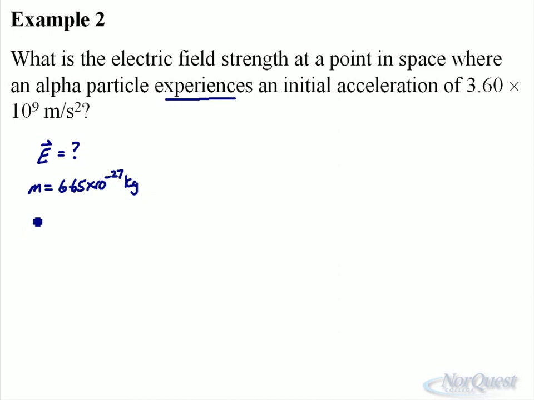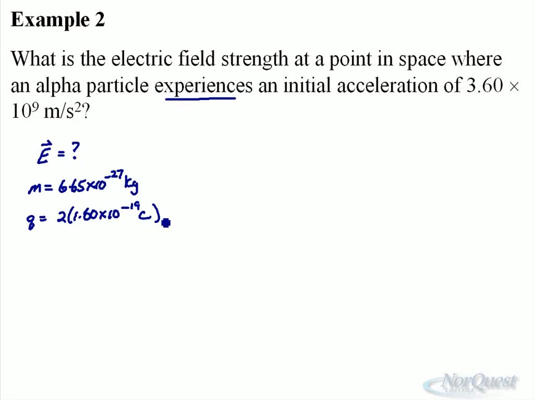The charge on the alpha particle is 2 times the elementary charge, which means it's 2 times 1.60 times 10 to the negative 19 coulombs. This is all off your data sheet. As soon as they refer to alpha particles, electrons, protons, and neutrons, you have their charges and their masses on a table.